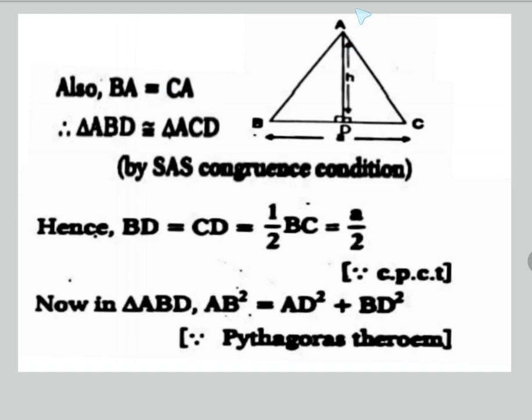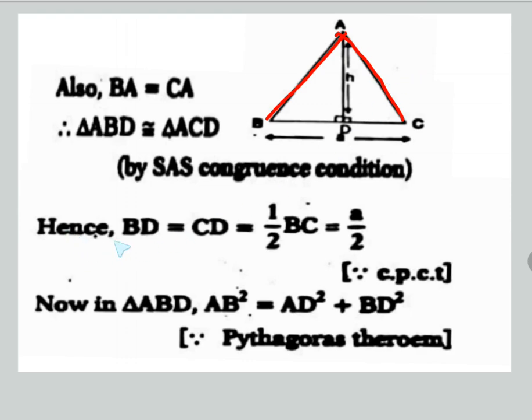Also we know that AB is equal to AC, equilateral. From this, triangles ABD and ACD are congruent triangles because the side is equal and the angle is the same.